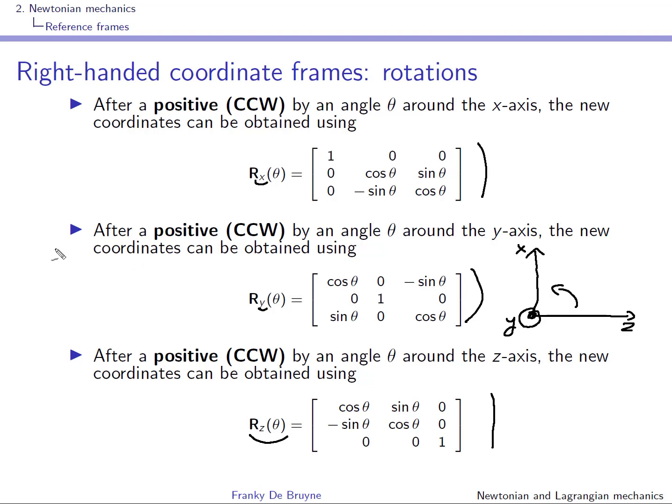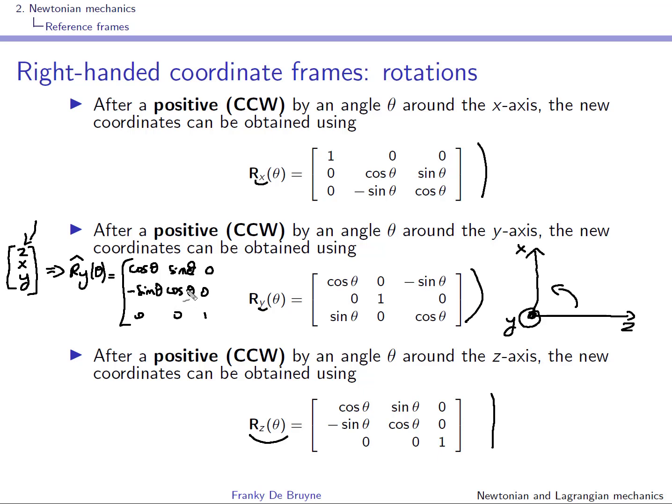So now, if we take the order of the variables to be z, x and y, then we know from the previous slide that the rotation matrix, now we'll call it Ry hat because the order of the coordinates is different here, will be cosine theta, then sine theta, 0, here 1, all zeros, and here you'll have minus sine theta, and here you'll have cosine theta.